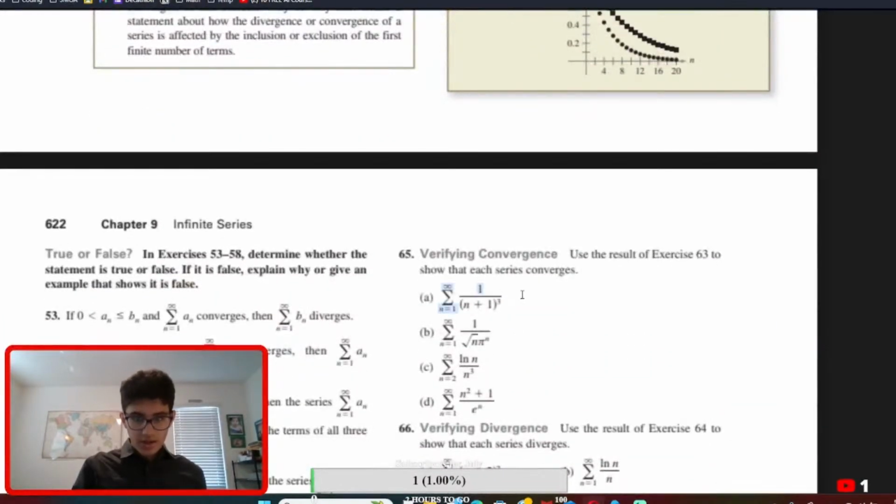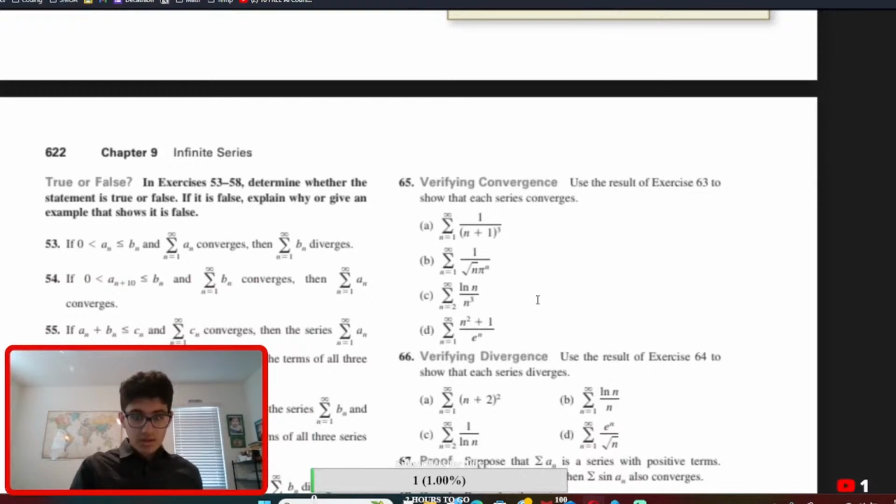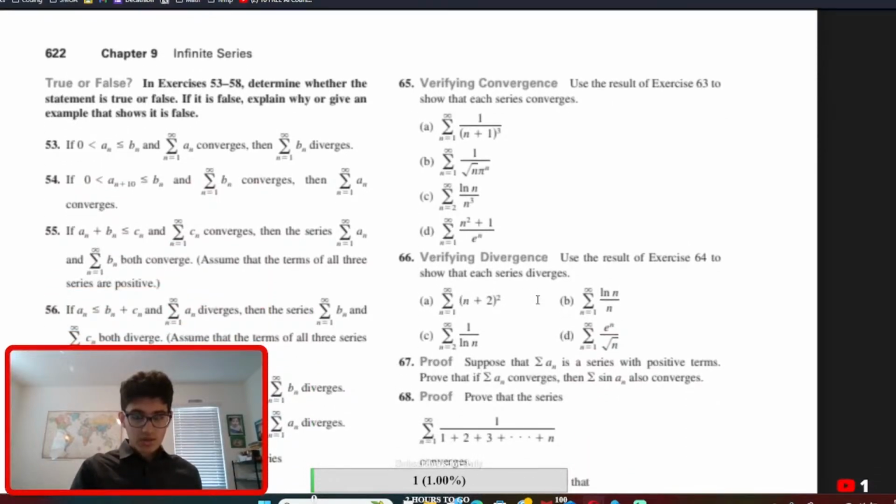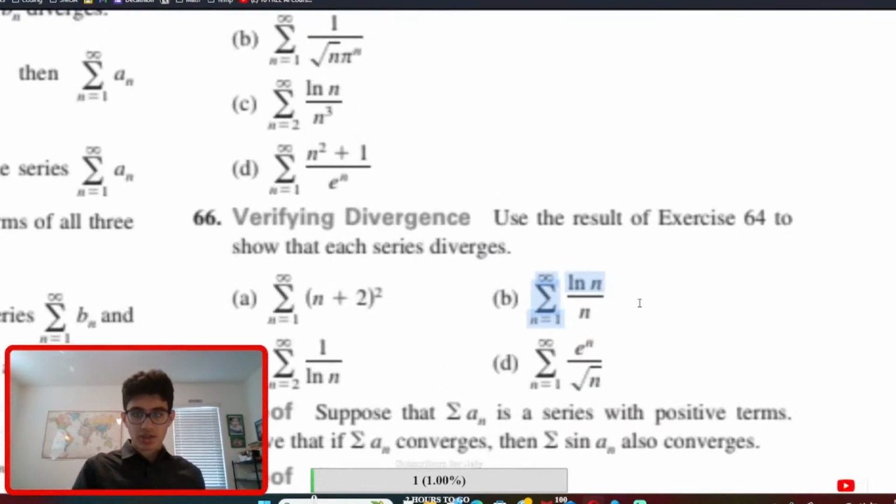These can be done with the direct comparison test, at least this one, 65A. Let's see. Limit comparison test, right? That's what we want to do here. Okay, let's use limit comparison test on this. We can compare it to 1 over n, right? The limit of both of them, limit of 1 over n divided by, wait, which one do you divide by?